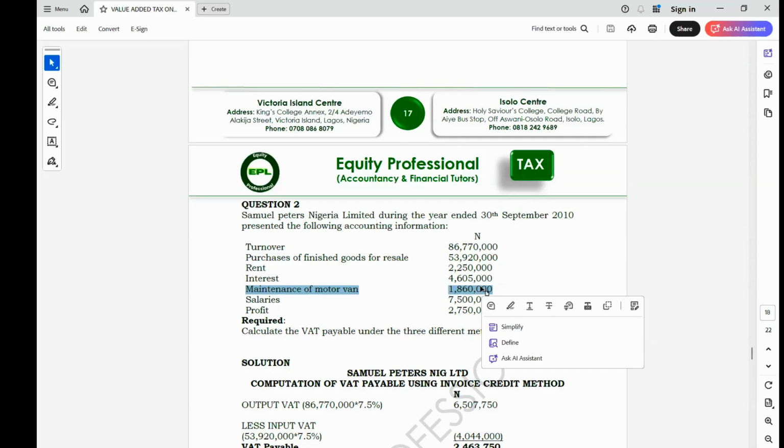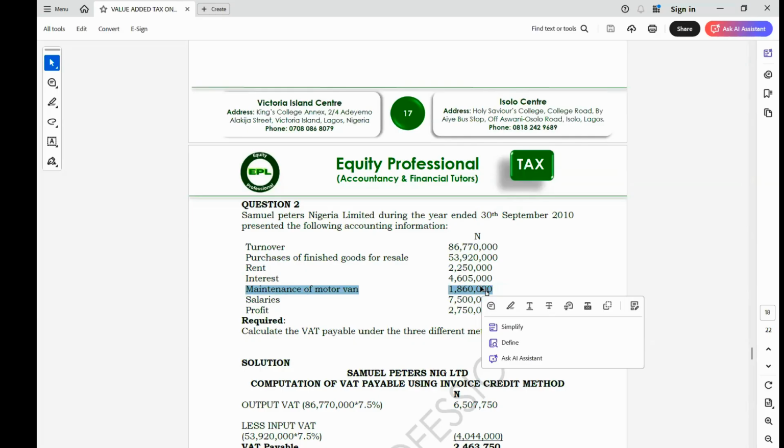Any expenditure that you are going to regard as direct must be something that you are going to sell to generate your revenue. Are you selling your motor vehicle? Is this company engaged in sales of motor vehicle? No. That means it is indirect. Then salaries and wages.